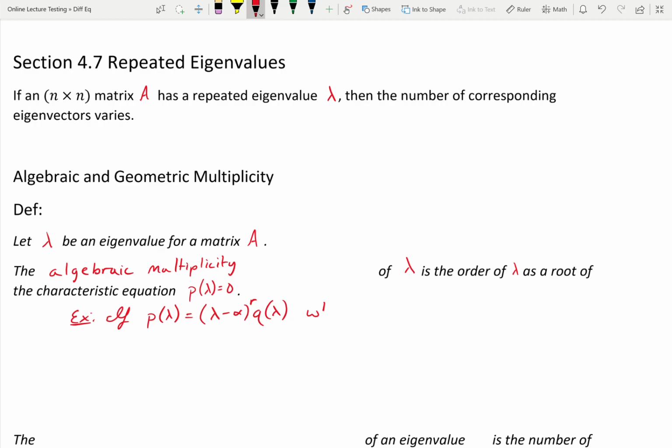Here q of lambda is another polynomial of degree n minus r. What this is saying is we've pulled out this repeated factor from the polynomial p, and we're left with the multiplication of some other polynomial.